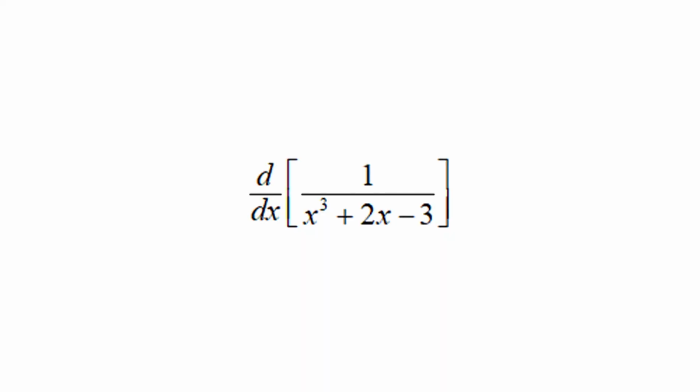As an illustration, we use the chain rule to evaluate d/dx of 1/(x³ + 2x − 3).